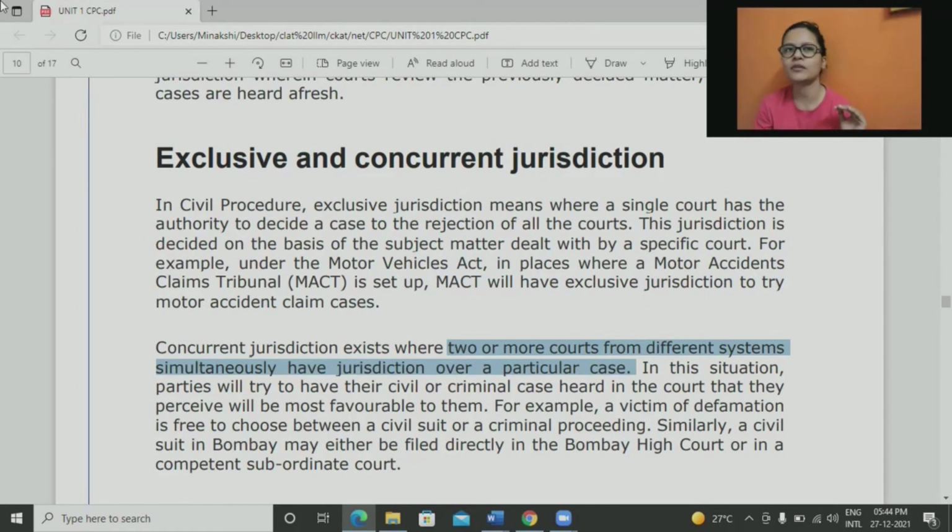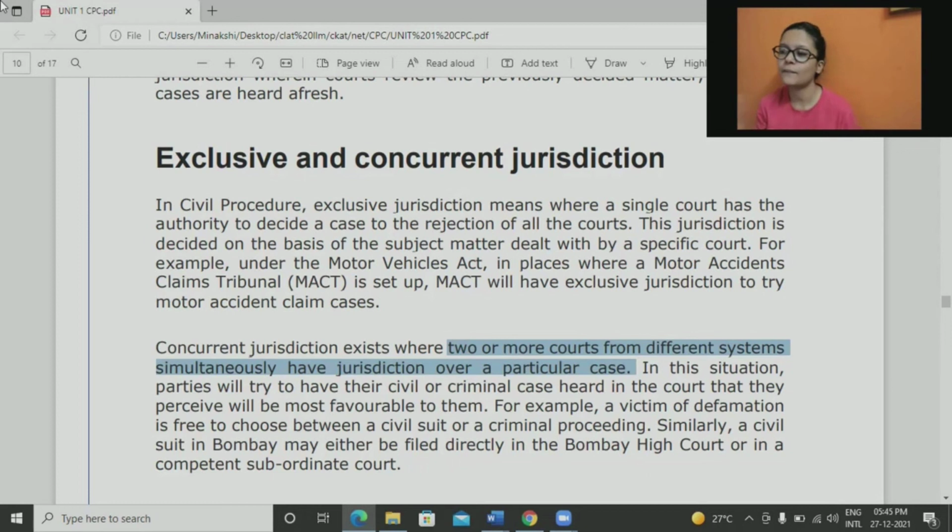At the same time, two courts at different levels have jurisdiction. That is concurrent jurisdiction. Like we have the concurrent list: state list, central list, and concurrent list. Both center and state can pass laws on that. In the same way here also, it is concurrent jurisdiction.